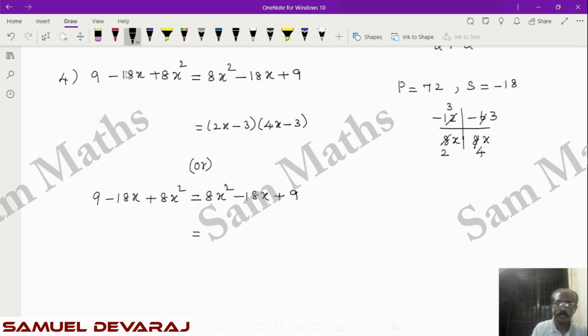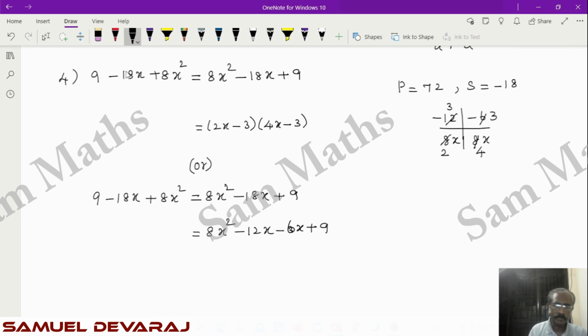For this also you have to find the numbers. We obtain the numbers minus 12 and minus 6. So 8x square you write as it is, minus 12x minus 6x plus 9. First and last term you write as it is. Middle term you have to separate based on these two numbers.